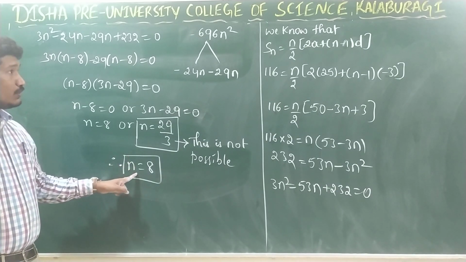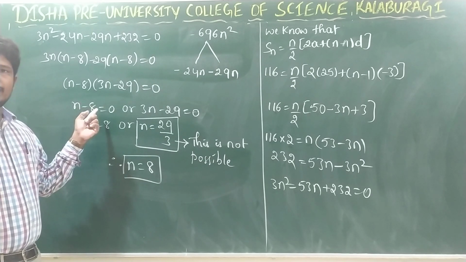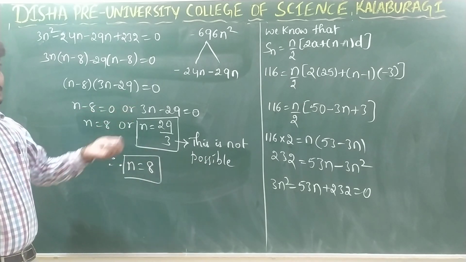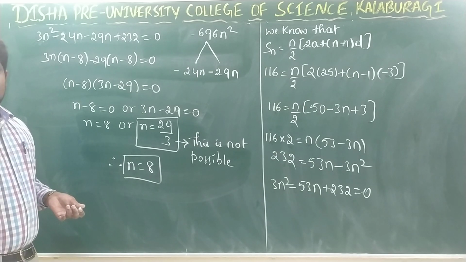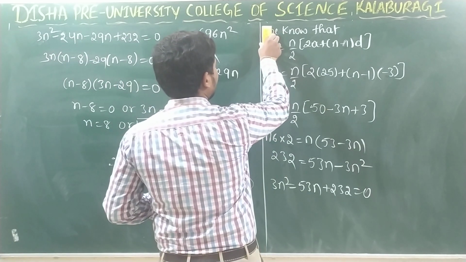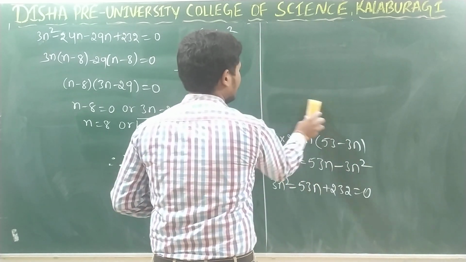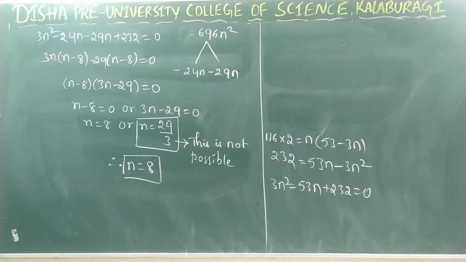Right? So you know the value of n now. So you have the value of a as well as d. So let us substitute that. Right? And what we have to find out? The last term. So how to find that? I hope you have written. Right? So see here how to solve this.